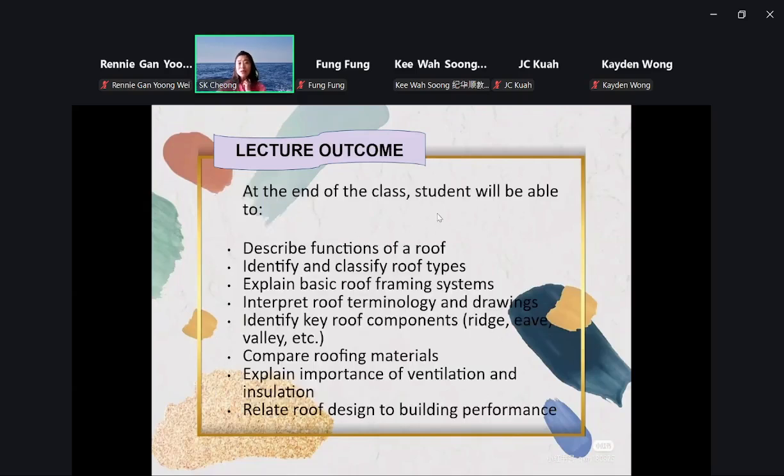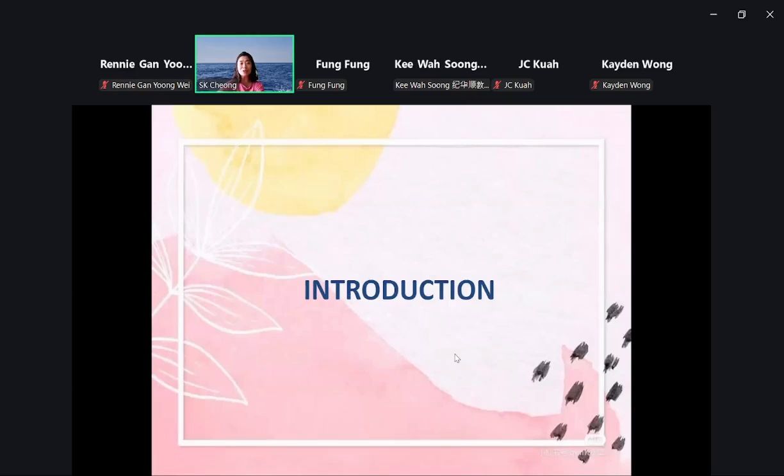At the end of the class, you will be able to describe the functions, identify and classify roof types, explain and interpret the terminology and key roof components, ridge, eave, and valley, etc., and also the roofing materials. You can explain about the ventilation and insulation and relate the roof design to the building performance. Okay, let's dive into the introduction.